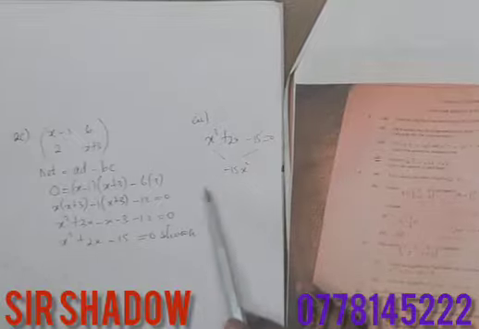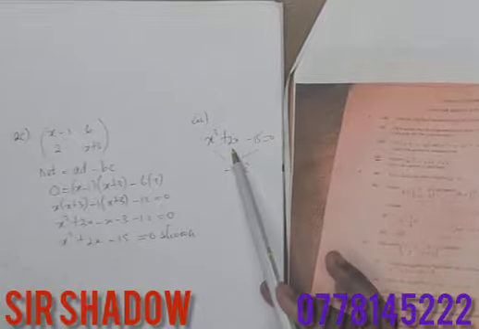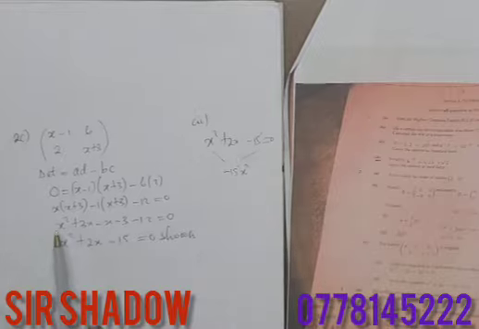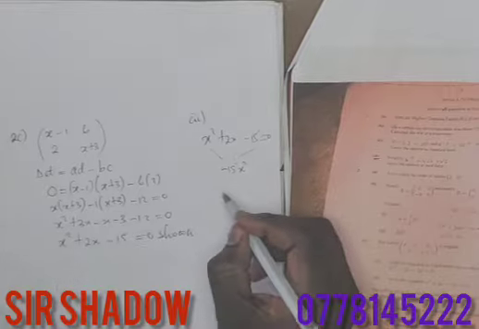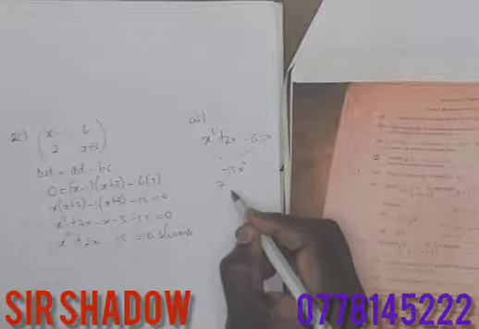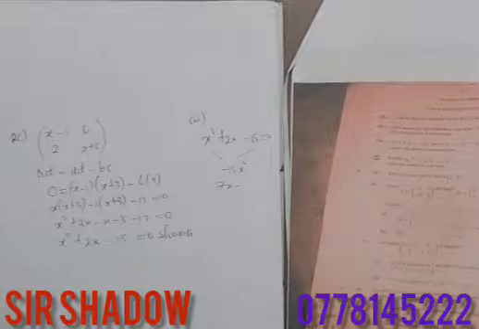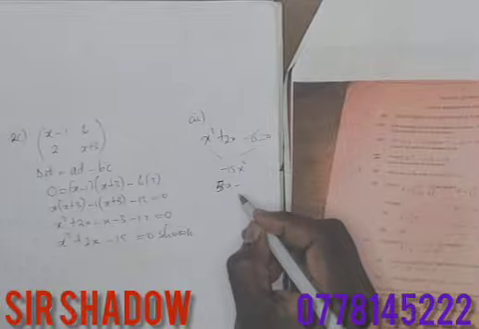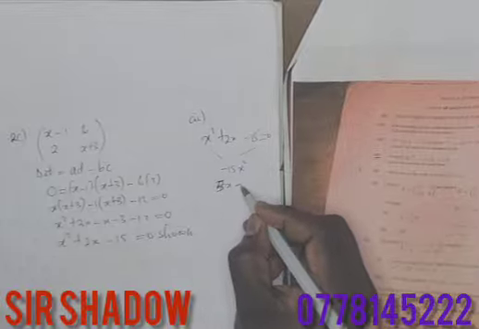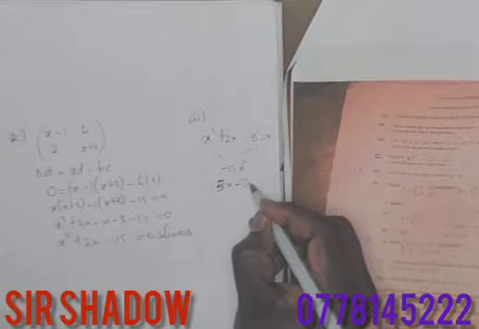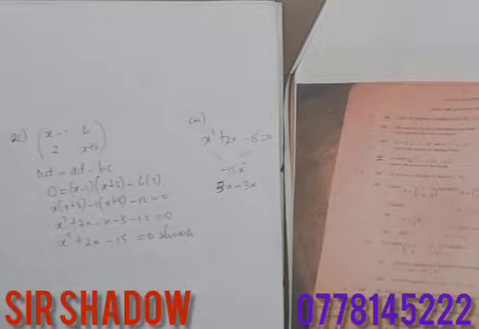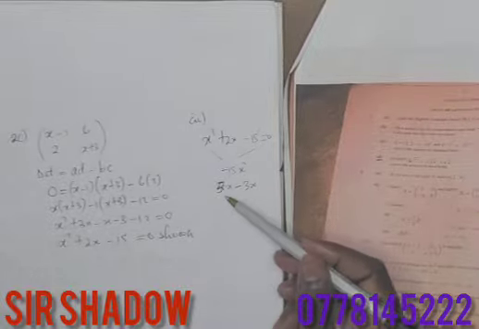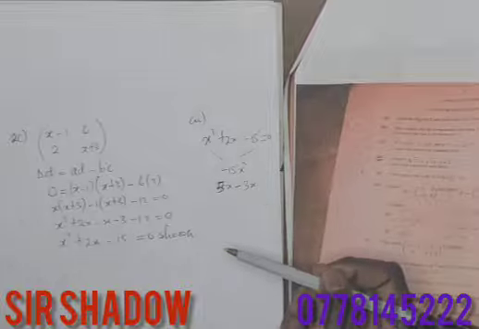We want factors of minus 15 which add to give plus 2. So they are 5x and minus 3x. If you multiply, they give minus 15x squared. If you add, they give 2x.